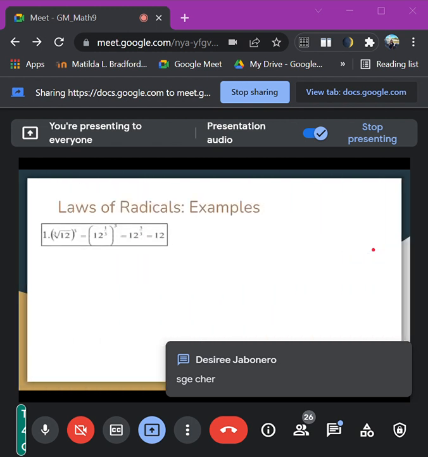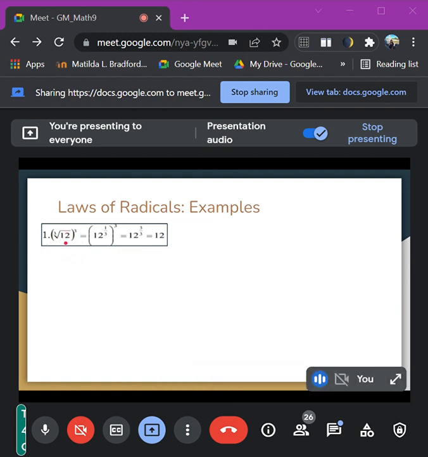Okay. So we have here our cube root of 12 raised to 3. So, kung atong i-apply atong laws of radicals diha class, we can have there, di ba, i-change man nato siya into an exponential form.